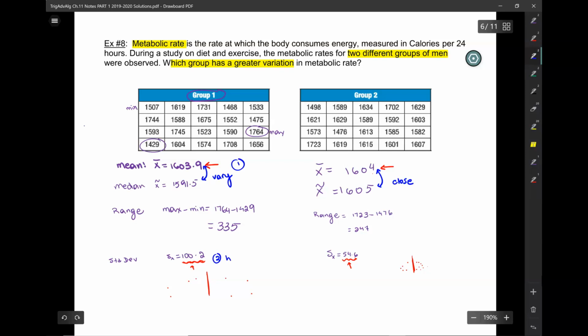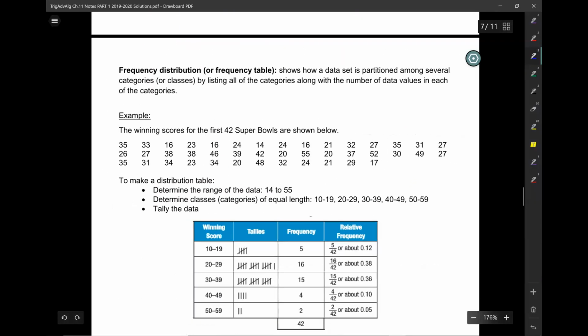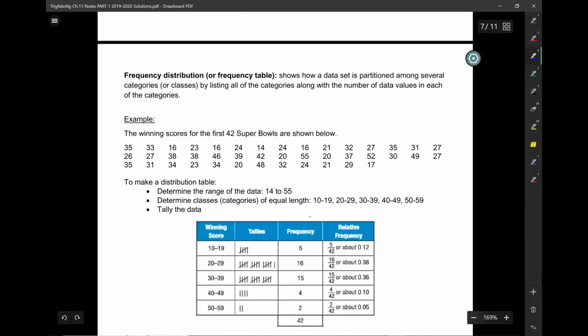Investigation number 2 is there is a much higher standard deviation here. That means L1, or group 1 rather, has a higher variation. Okay, they're more spread apart. And that's that.